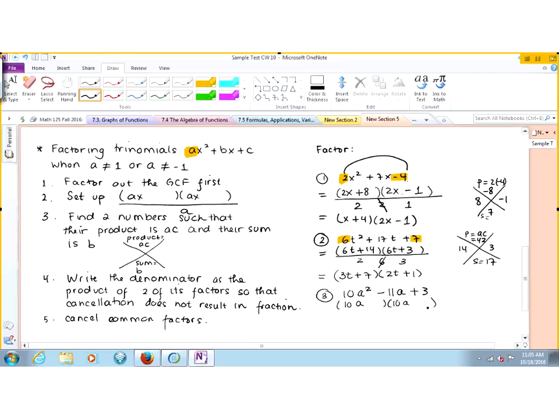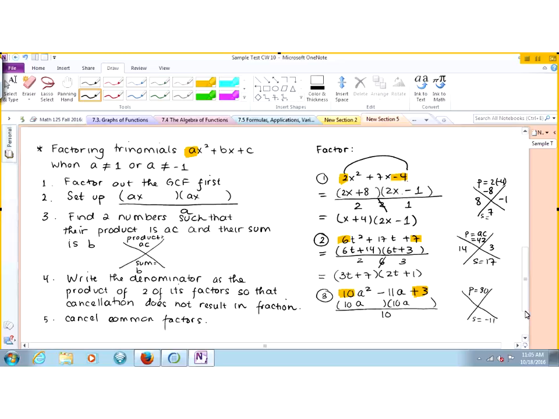Yes. 10a squared divided by 10. Good. So I'm going to put 10 in the middle as of right now. Product. Be careful. So AC. So 30. Okay.